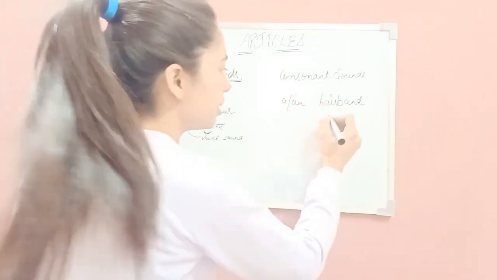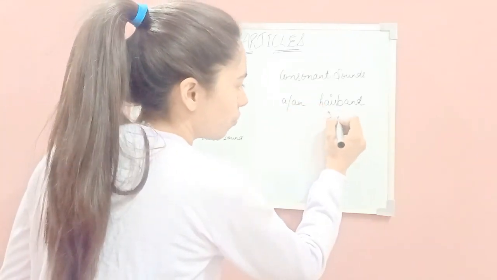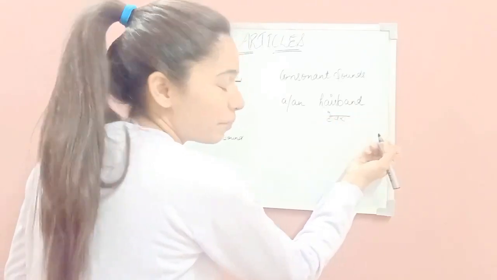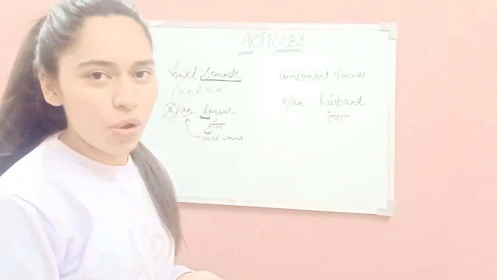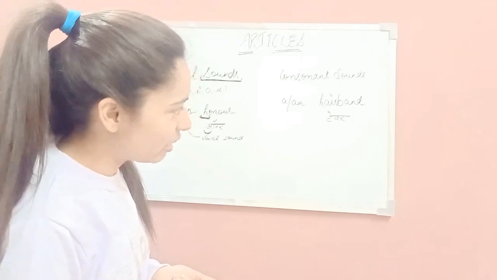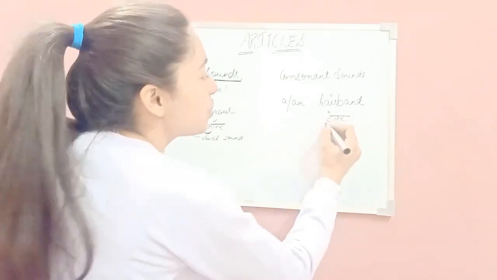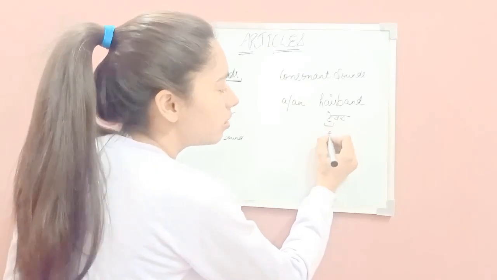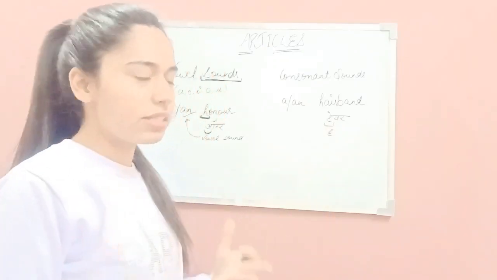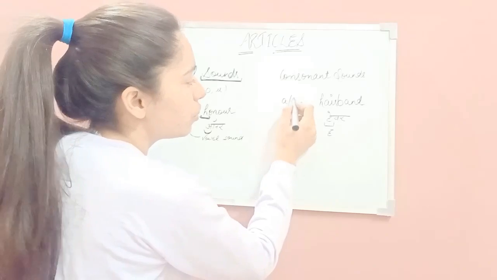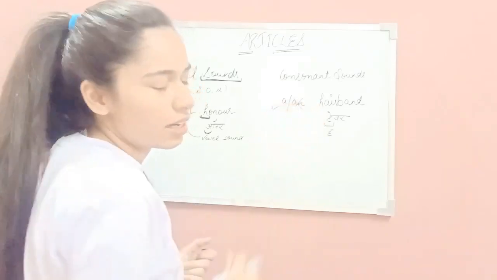Hairband, right? My writing in Hindi is so bad, awful at that, so please bear with that. This has an H sound, so a consonant sound is there. So we are not going to use AN, we will use A with that.